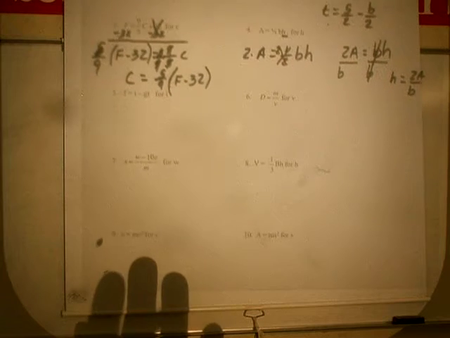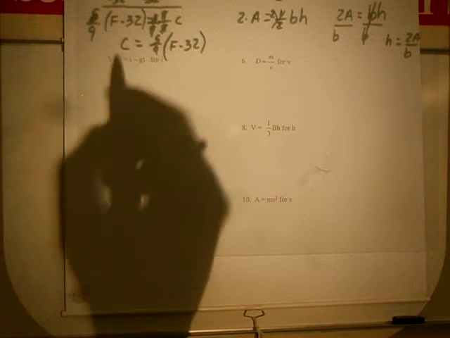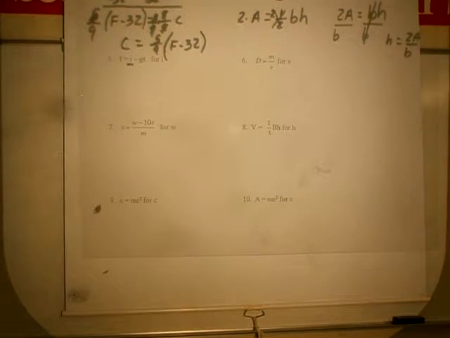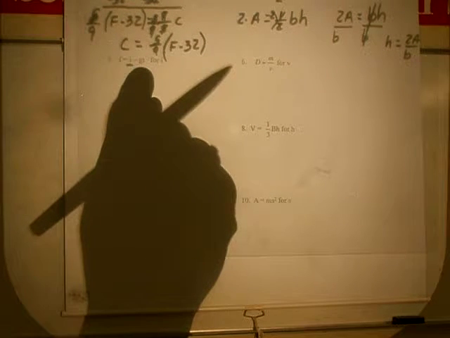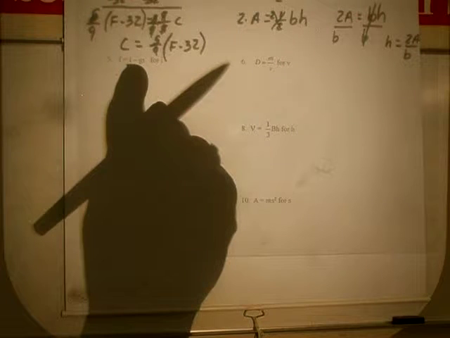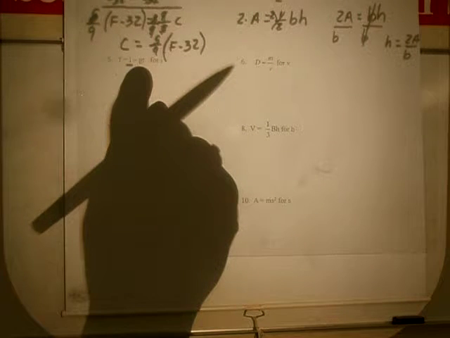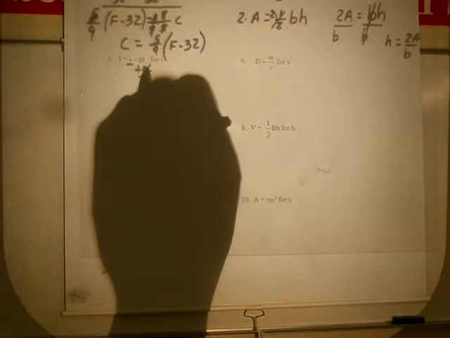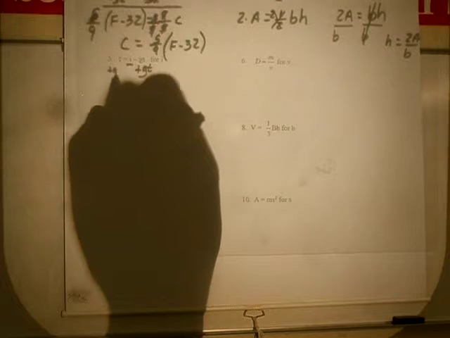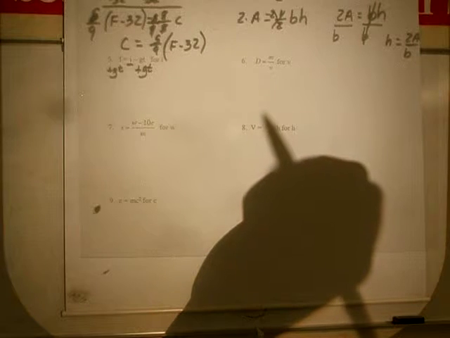Example 5, we are asked to solve for I. So we are trying to get this letter all by itself. That means we need to get rid of this gt. That is a subtract gt, so we need to do the opposite, which is adding gt to both sides.